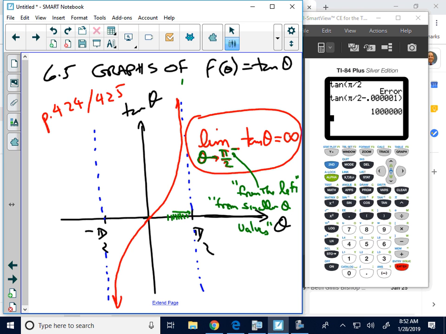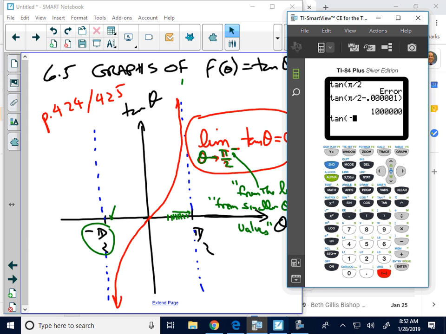So maybe I can show this on the calculator first of all. I'm going to need a theta number that's a little bit bigger than this. So on my calculator, I've got the tangent of negative pi over 2, but I need something a little bit bigger than that. So how could I go to the right side of negative pi over 2? Should I add something or take something away? Yeah, I should add just a little bit, right? Just add a smidgen. So let me just add, I don't know, 1/10.